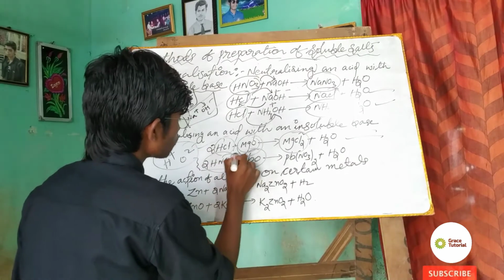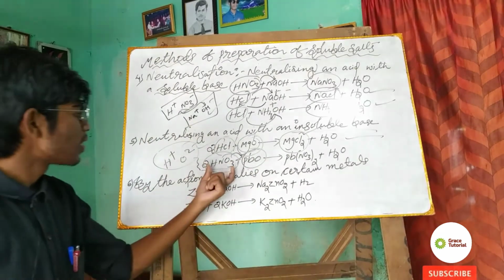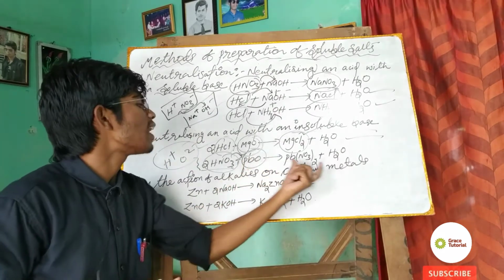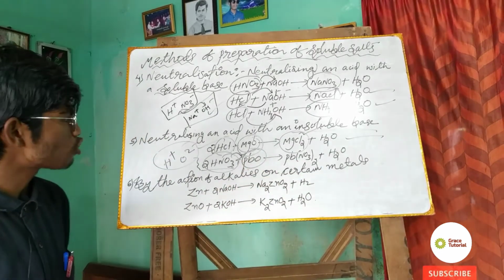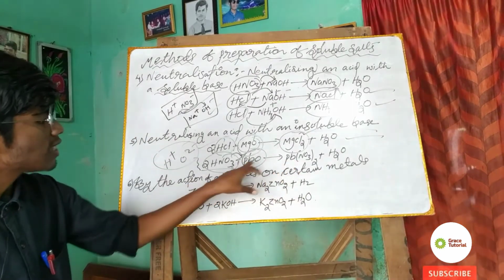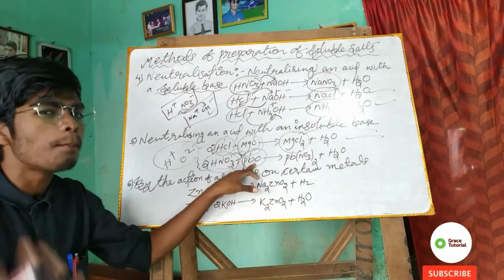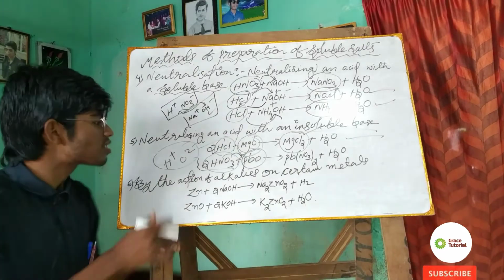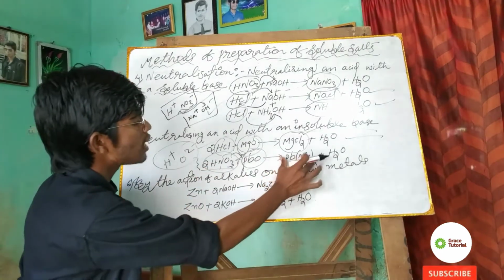When nitric acid reacts with lead oxide, it forms lead nitrate. How is the lead nitrate obtained? The lead nitrate is obtained since lead oxide is an insoluble base. This insoluble base will be neutralized by the acid, and finally it gives lead nitrate.